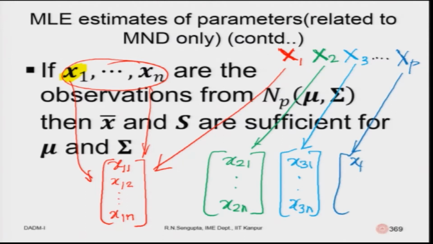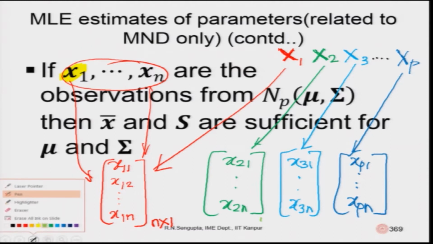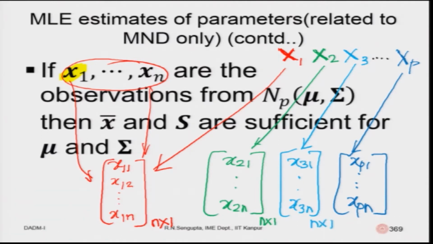So, this will be xp1, xpn. Sorry, my mistake, because color combination would basically help us to understand. So, this is for the first variable, second variable, to the nth, pth variables.